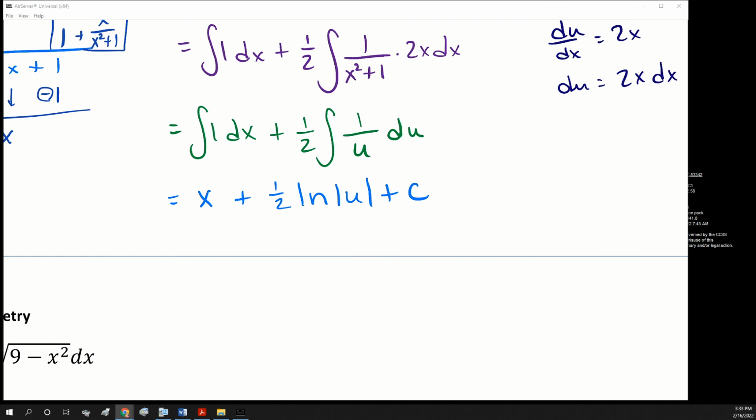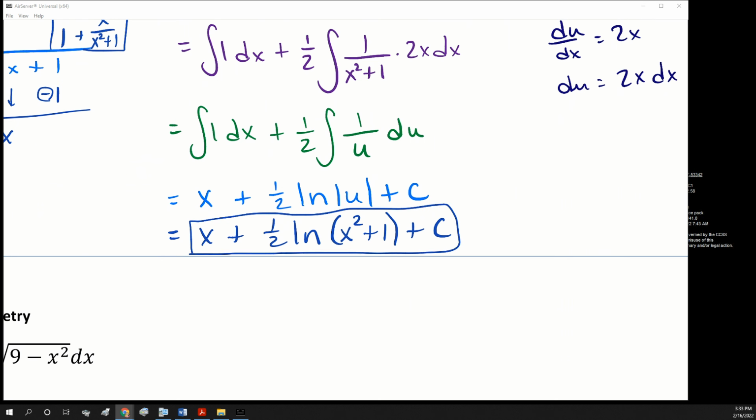And I just realized that we are not going to end up needing those absolute value bars, because x squared plus 1 is never going to be negative. If you square a number, you're going to get a positive. You add 1 to it, it's going to be positive. So you technically don't need those absolute value bars there at the end. You can leave them as just parentheses.